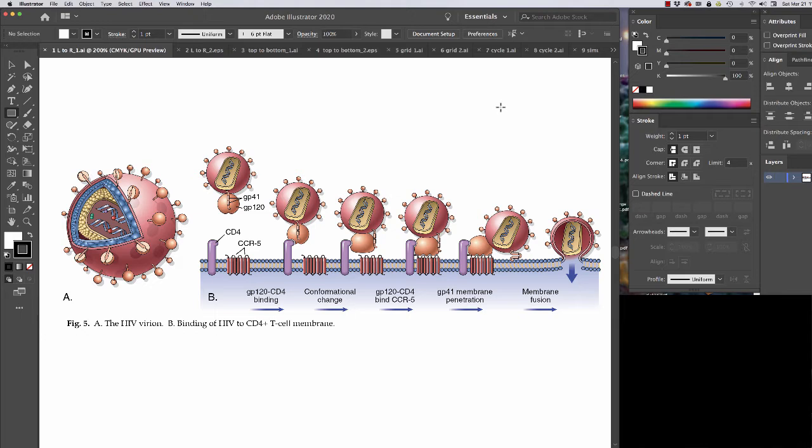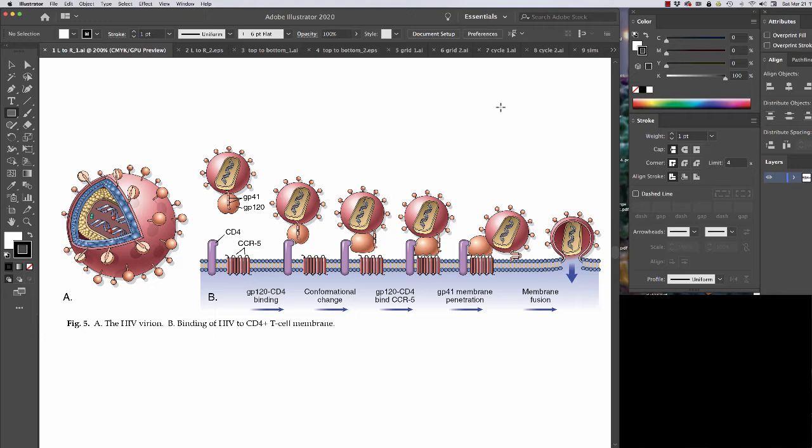Now, in this particular example, it's not really divided into a series of separate panels, but the sequence of steps in the attachment of the HIV virus to the surface of a T cell is happening in a flow that goes not only from left to right, but to a small extent also from top to bottom.